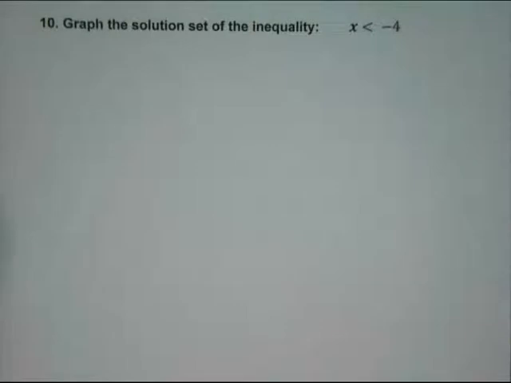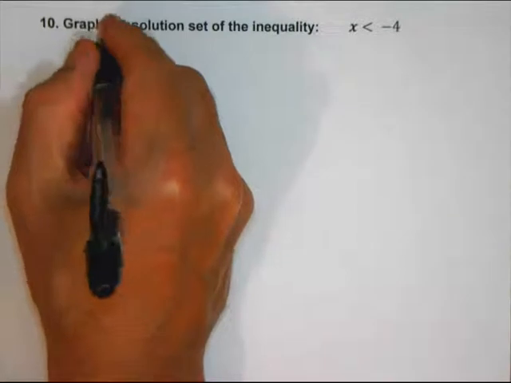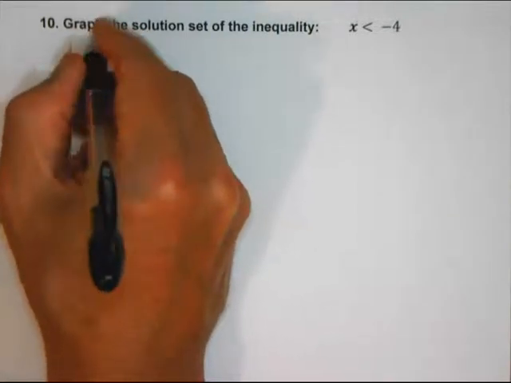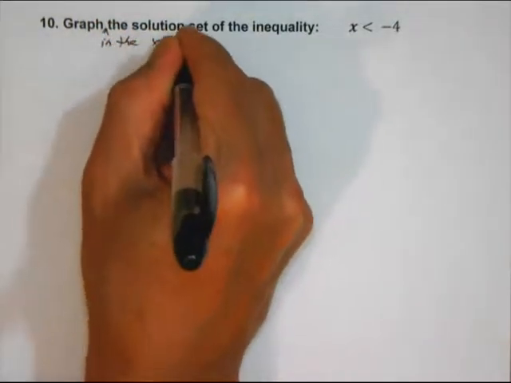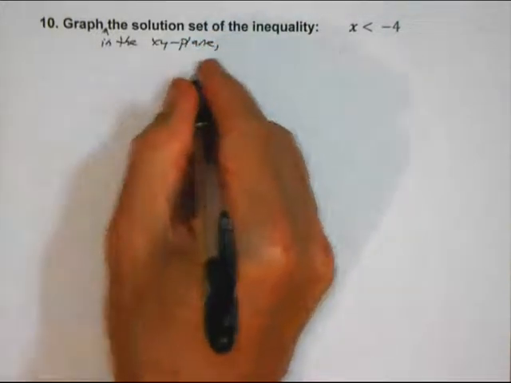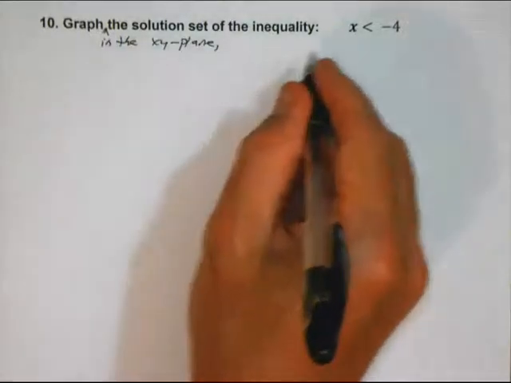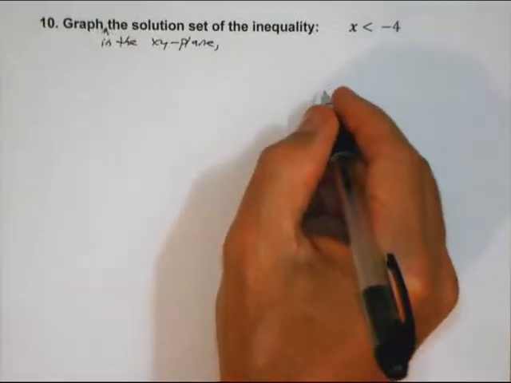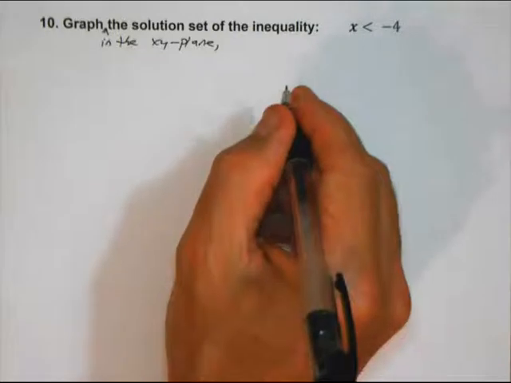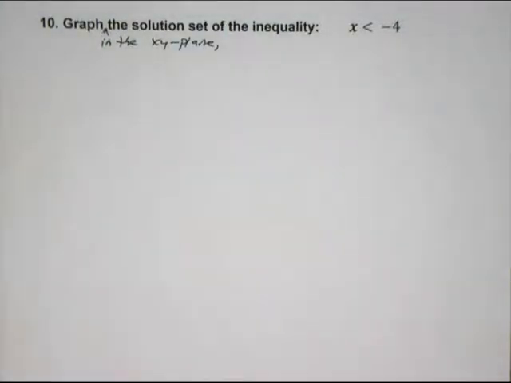But if we didn't have this exercise set, it would be unclear just what to do here, and so you might also see this question written as graph in the xy plane the solution set of the inequality x less than -4, so that you don't just come in here and decide, oh, I'll take a real number line out and put a hollow circle at x equal -4 and an arrow to the left and call that the graph, which without this statement would be normal to be expected, but we're in 2 space in this exercise set.